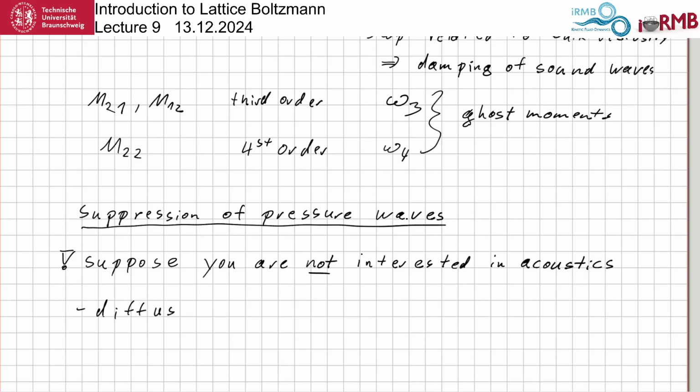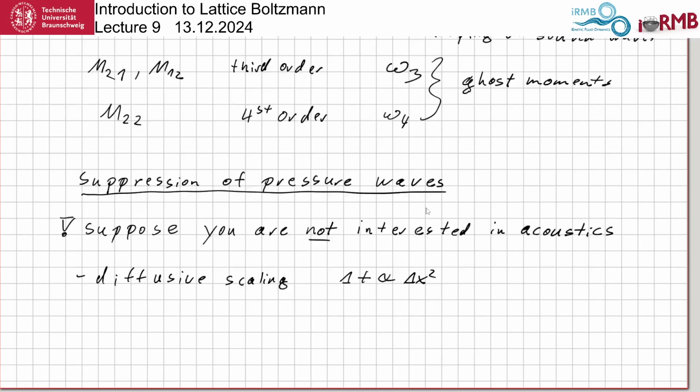So now you're not interested in the acoustics, so you use diffusive scaling. So delta T is proportional to delta X squared. I hope everybody knows what acoustic scaling is by now.